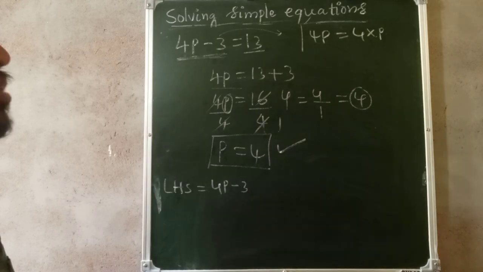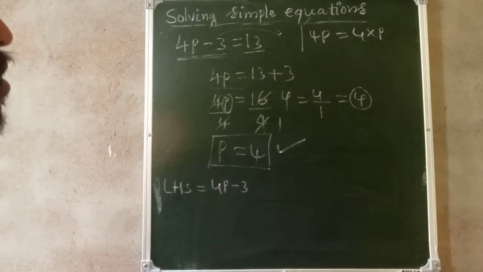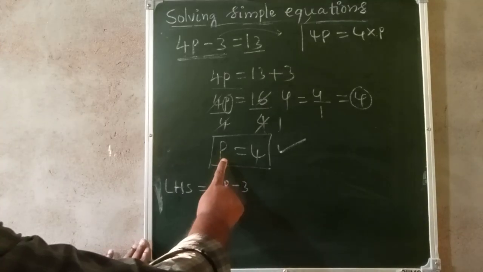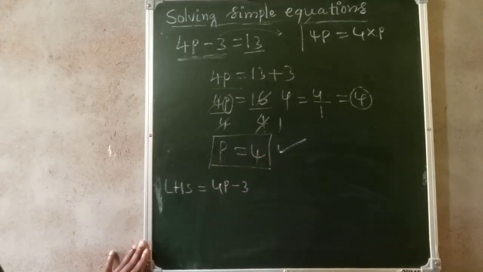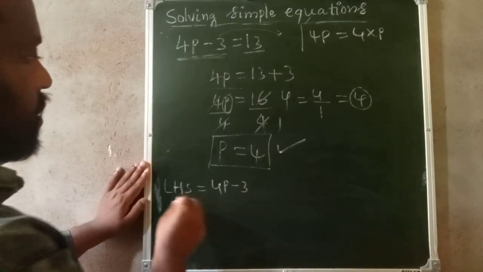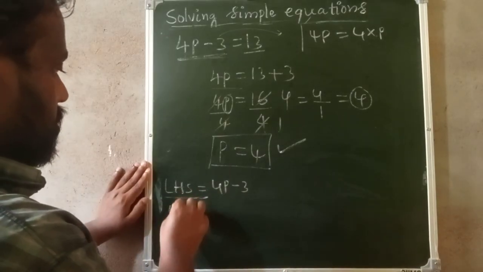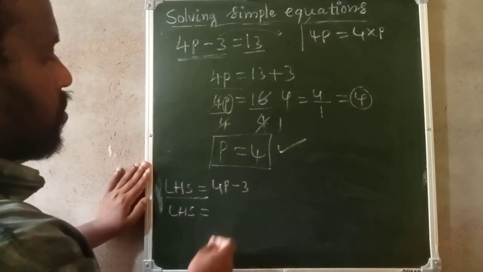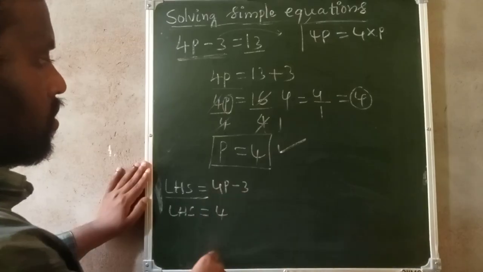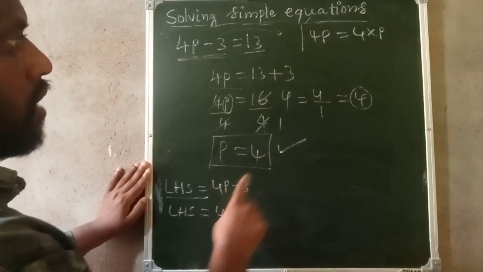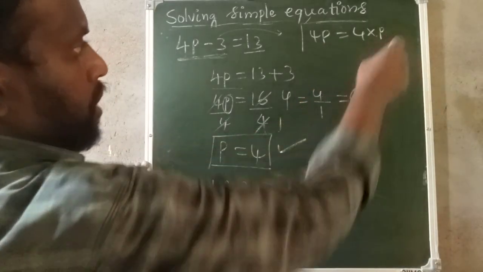Now next step is, you have to substitute the value of p. So p is equal to 4. Before substituting, write LHS is equal to 4p, which I already said is 4 into p.